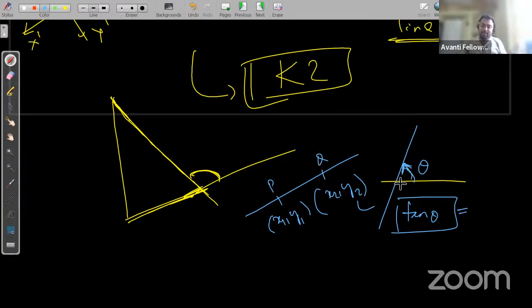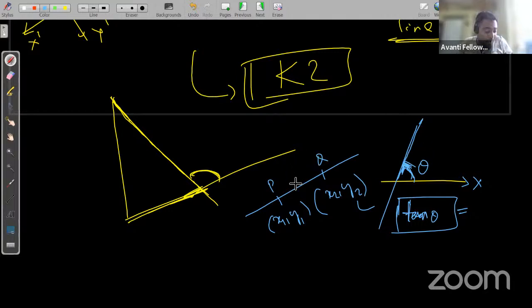Slope is actually the tangent of the angle made by the line with the positive x-axis, in anti-clockwise direction, that is tan of theta. Clear? So this is my slope of a line.